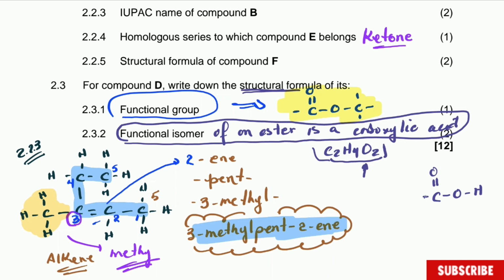That is the functional group of the carboxylic acid, and we have to add 1 carbon here with the hydrogens there. Guys, this one is the structural formula of the functional isomer of that specific ester there. This one is a carboxylic acid.